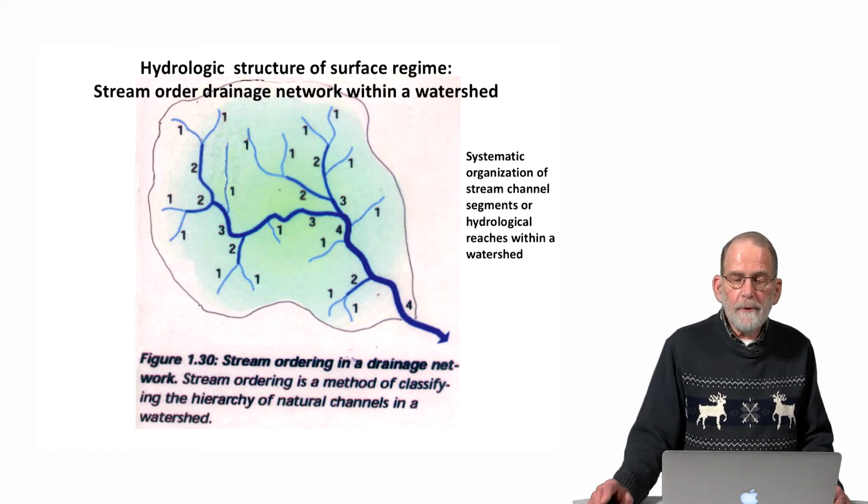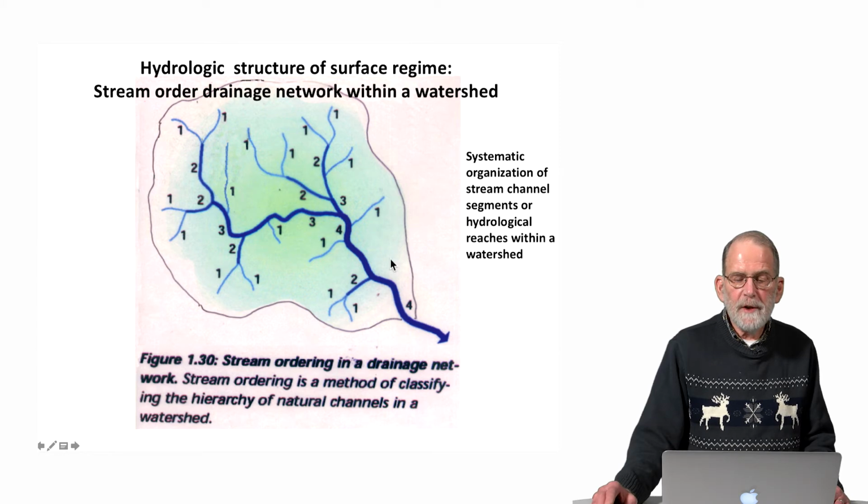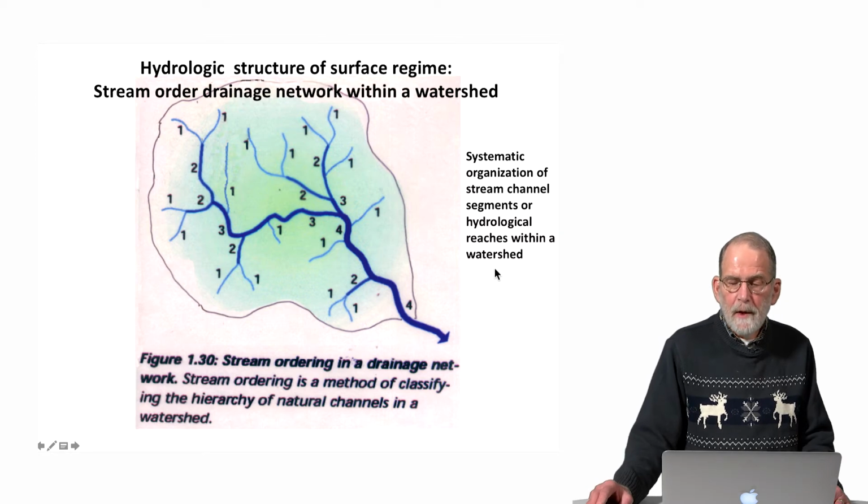We can talk about hydrologic structure of the surface regime through a concept called the stream water drainage network within a watershed. This is the systematic organization of stream channel segments or hydrologic reaches within a watershed.